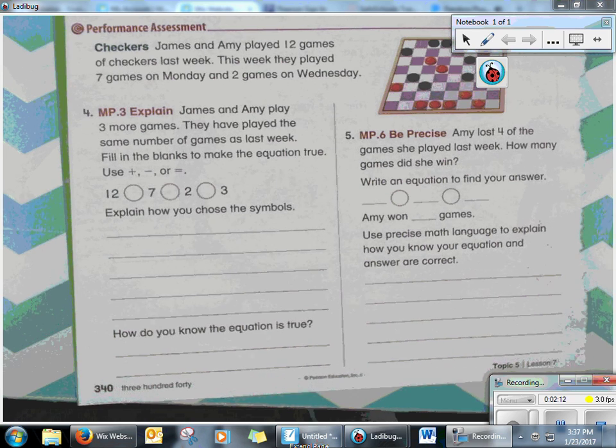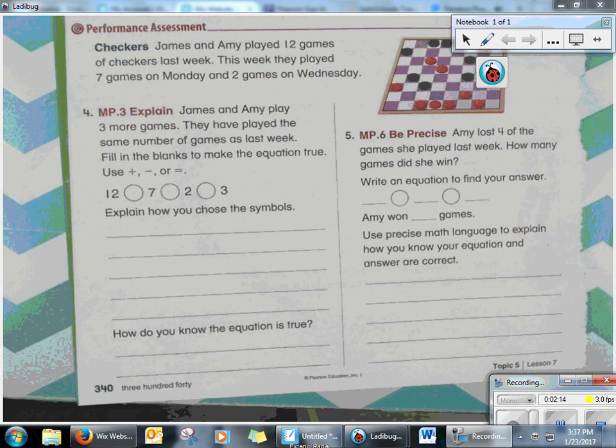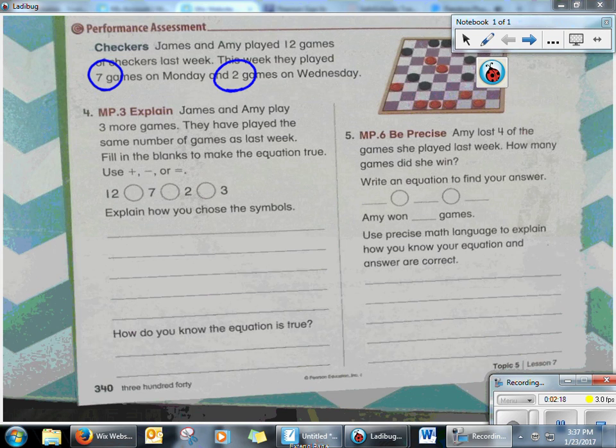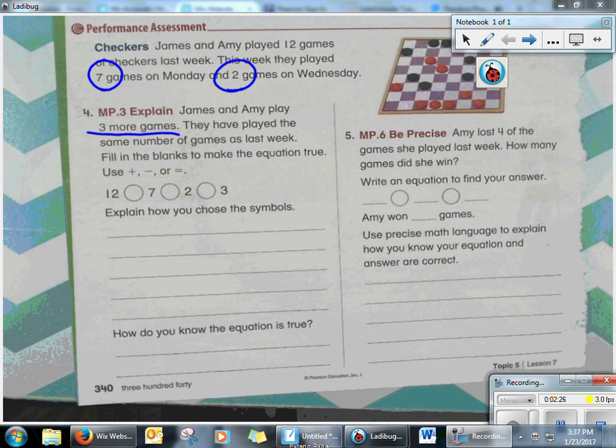So they need to look at this week, which was 7 and 2. And they need to figure out if they've played 3 more games this week, how many would they have? So here are our numbers here.